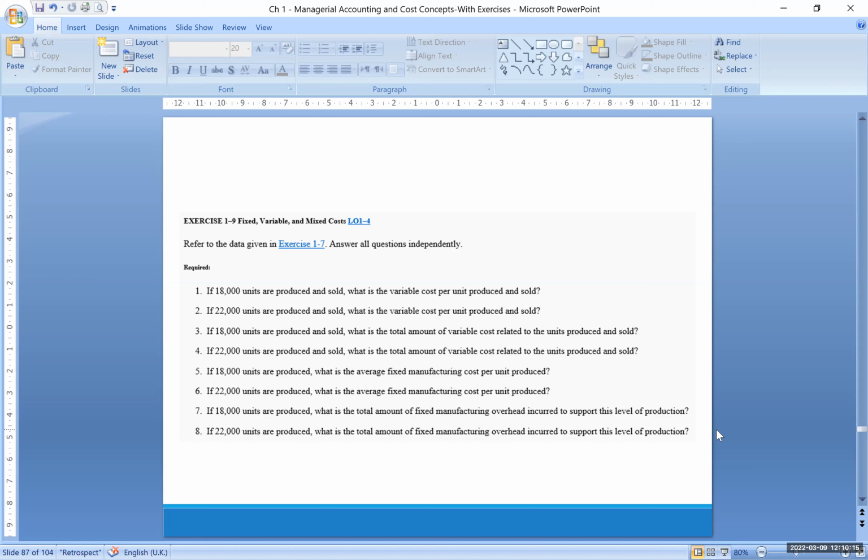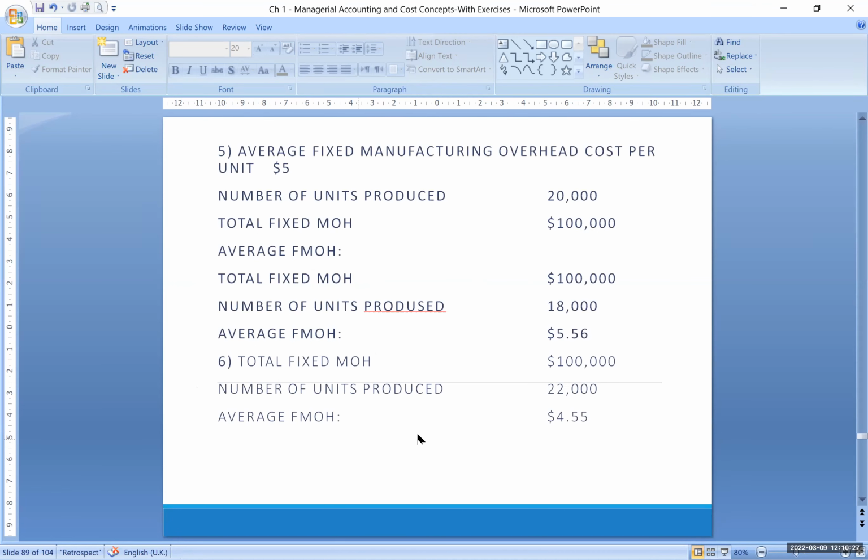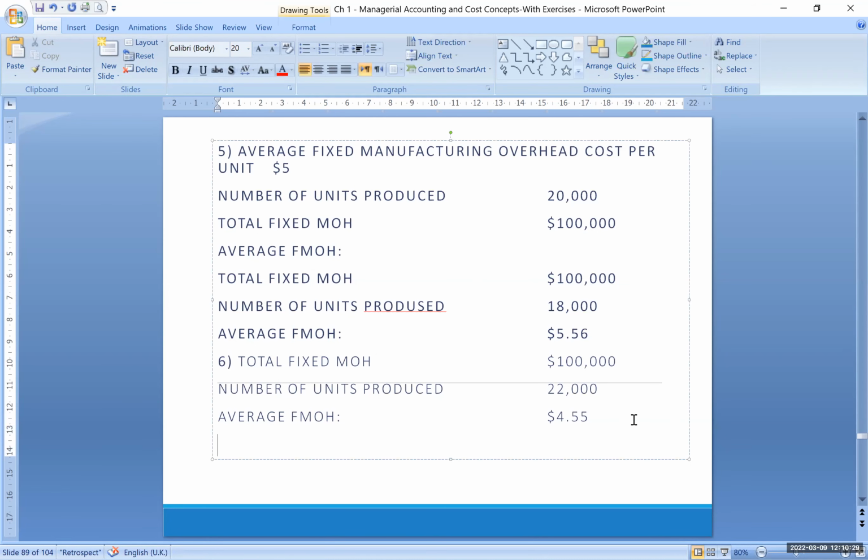The last one, if 22,000 units are produced, what is the total amount of fixed manufacturing overhead incurred to support this level of production? Again, just to stress, the meaning of the fixed manufacturing overhead will be the same. Number seven, the answer is 100,000, unchanged.